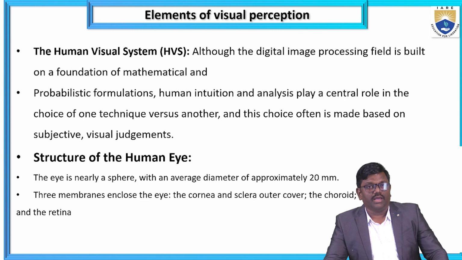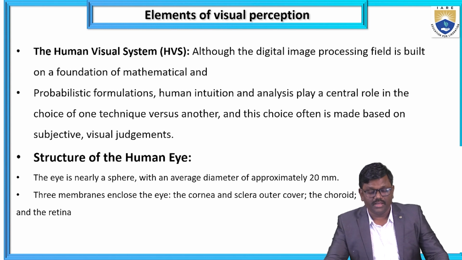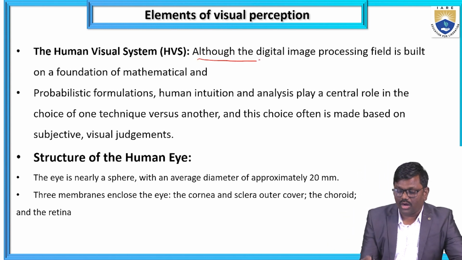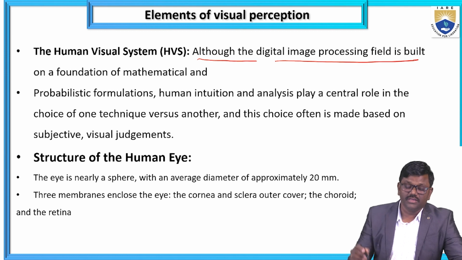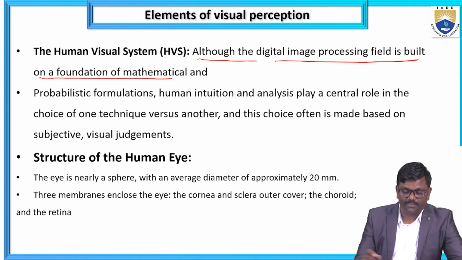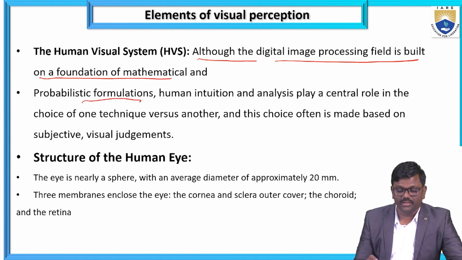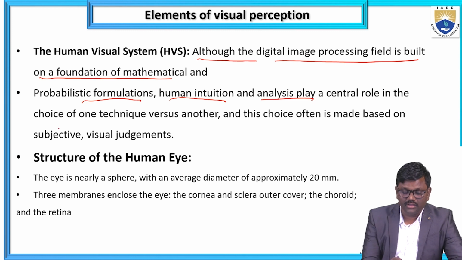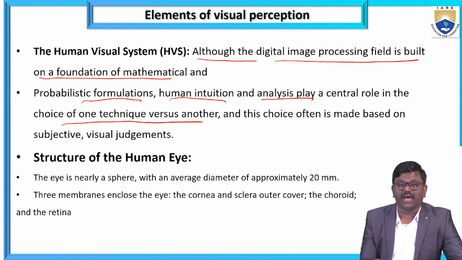Although the digital image processing field is built on a foundation of mathematical and probabilistic formulations, human intuition and analysis play a central role in the choice of one technique versus another.